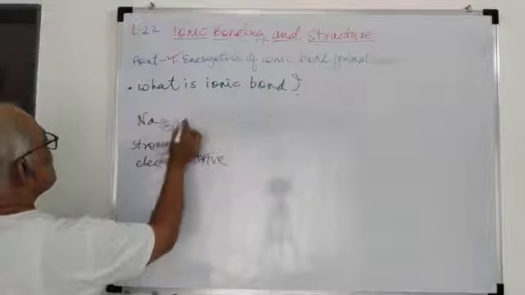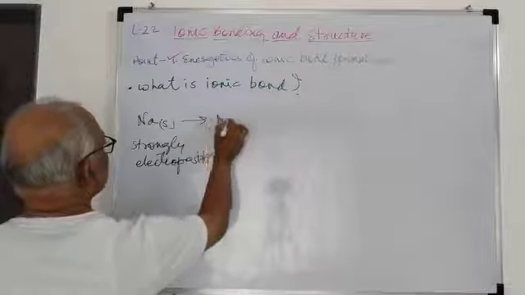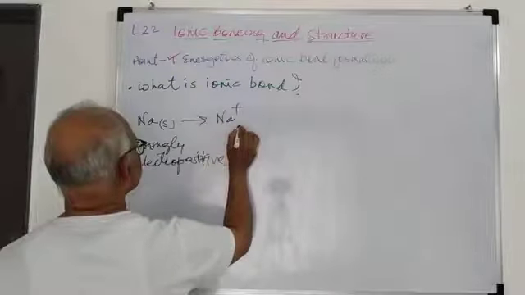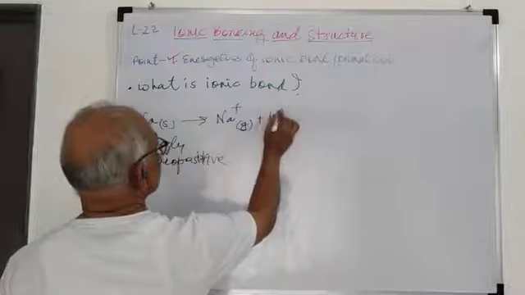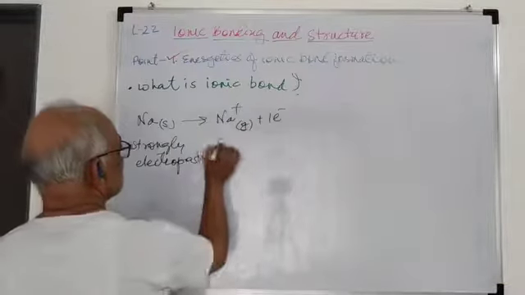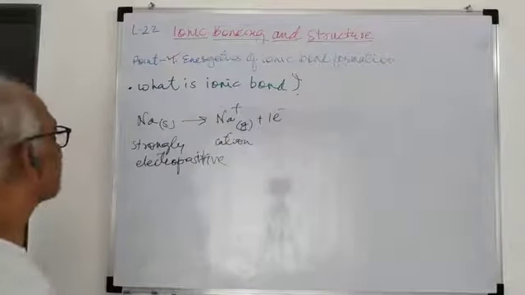It has a tendency to donate one electron, forming Na plus in the gaseous state with the loss of one electron. This is called a monopositive cation.